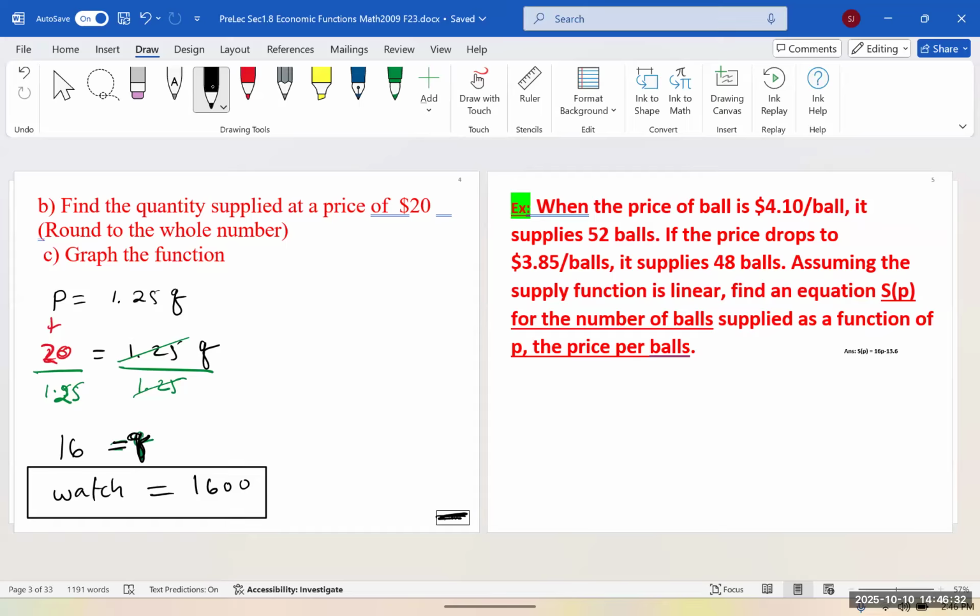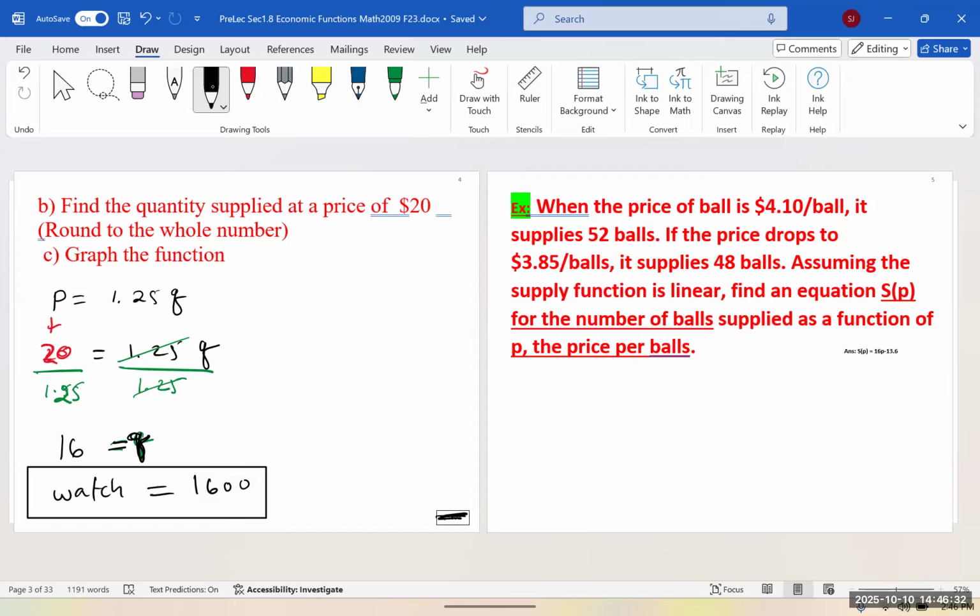If the price drops now to $3.85 per bowl, as a result, the supplier gets discouraged and is not going to produce more, they are going to produce fewer bowls. Because the price dropped, why should they waste their time producing more items? So they produce less.